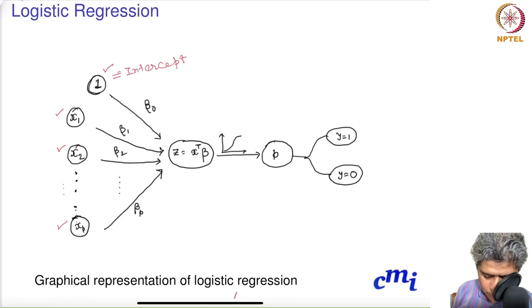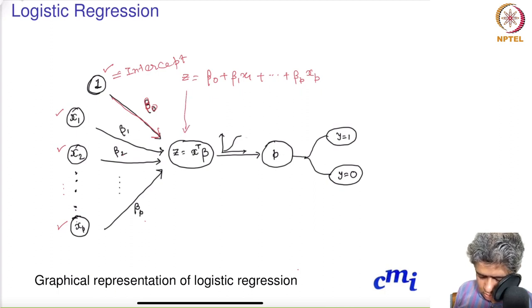These arrows represent the coefficients beta naught, beta 1, beta 2 and beta p. So what you have is each coefficient times the feature, so beta naught plus beta 1 x1 plus dot dot dot beta p xp, that is our z.